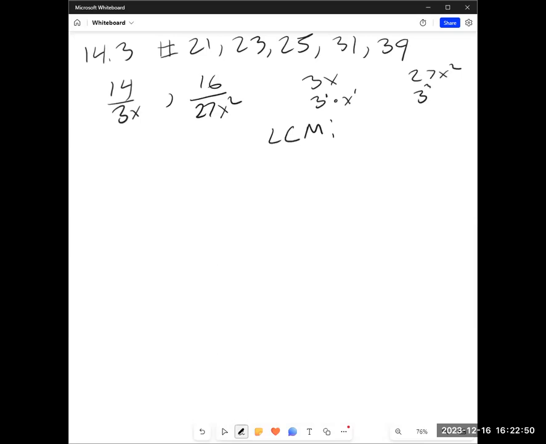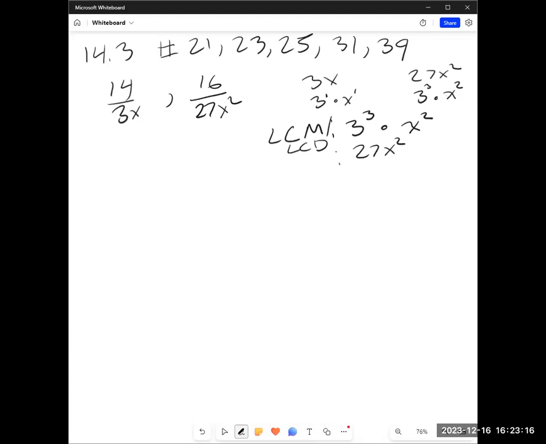This is 3 to the third times x to the second. So I'm going to have to be greedy and pick the one that has the highest exponent from the common bases. So my LCM here is going to be 3 to the third times x to the second, which just so happens to be 27x to the second. That's my LCM or my LCD here.